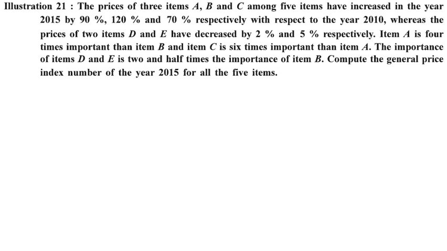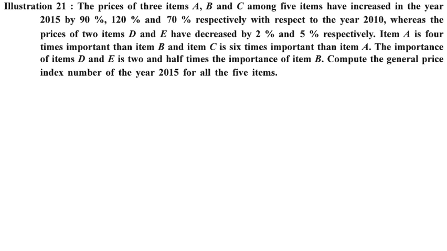Now, if you remember, whenever we found an index number, for example 150, we said that it is increased by 50. That means if we are saying that the prices of an item increased by 50%, the index number is 150. If the prices increased by 60%, the index number should be 160.